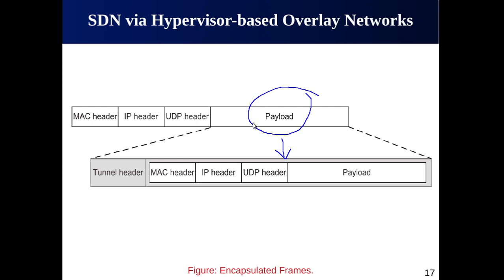In summary, SDN through hypervisor-based overlay network is well suited to environments where there is a large number of servers, like data centers, and they are already running it in full-fledged form, and the concept of virtualization has already been implemented in the data centers.